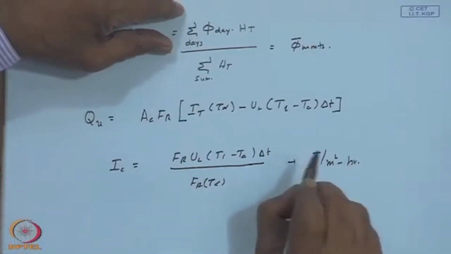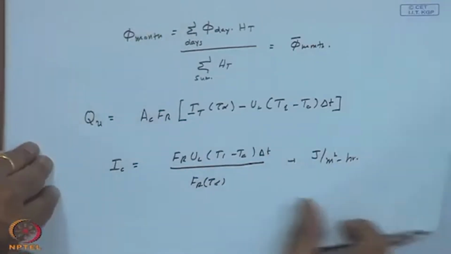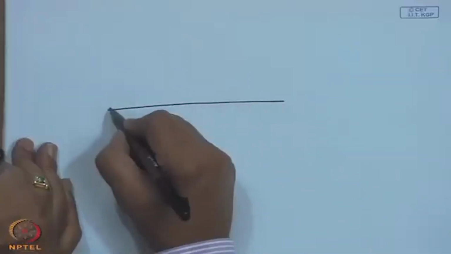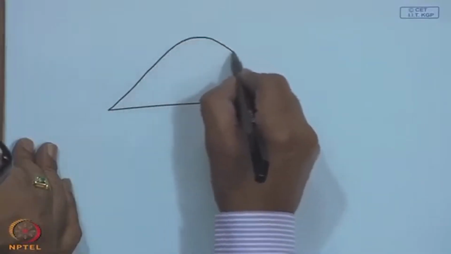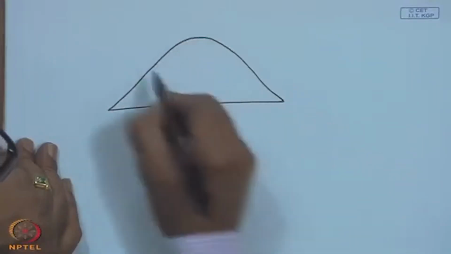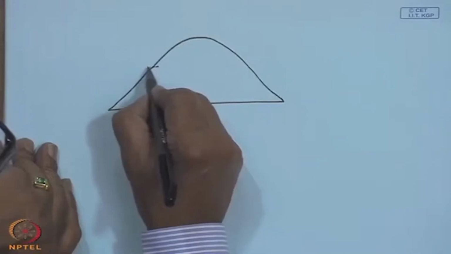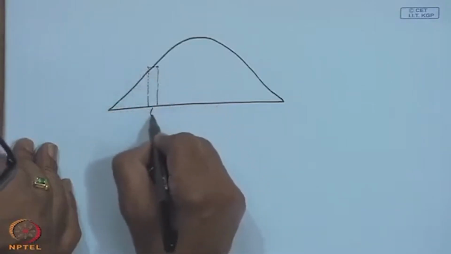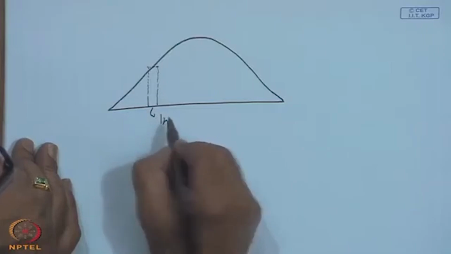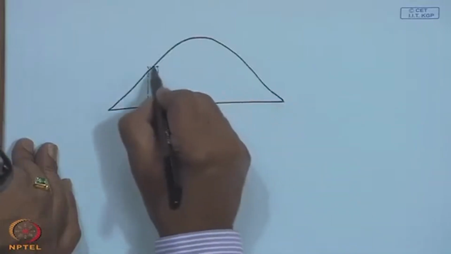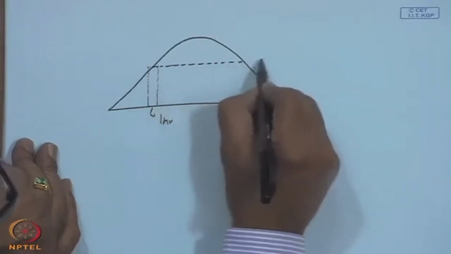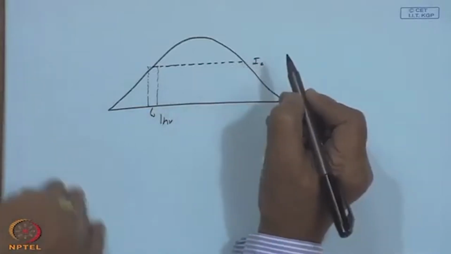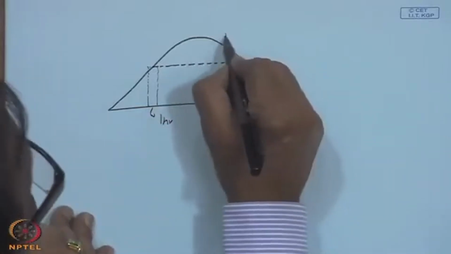So, with reference to the previous diagram, what we really calculated is something like this. This is 1 hour and this is continued, and that is what I am saying as I c, or else this is I t.